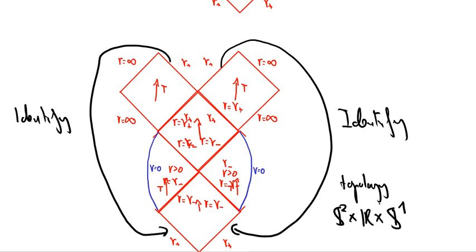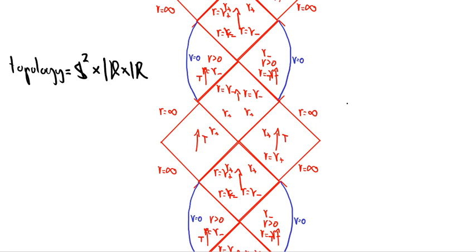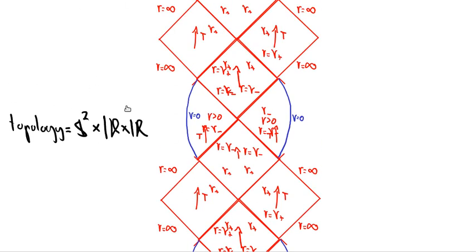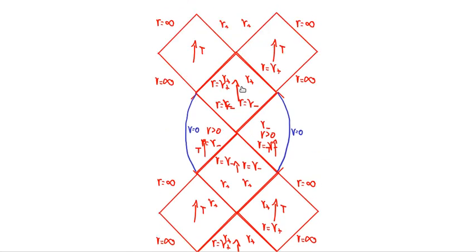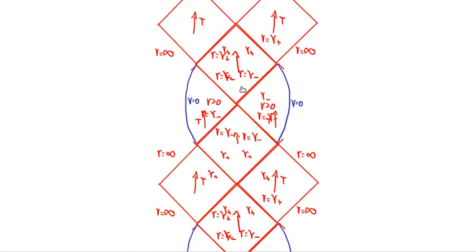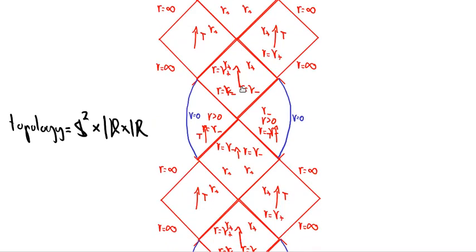I'm just going to discuss the properties of the space-time corresponding to this Penrose diagram. The idea behind this procedure is the same as what we already discussed in the previous lecture.